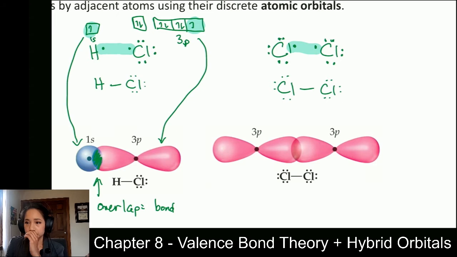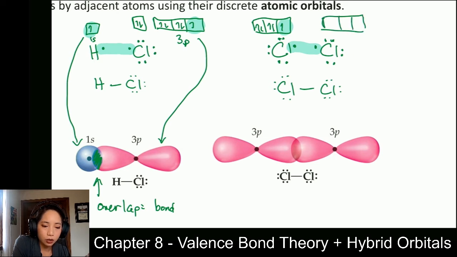All right? And so just like in our previous picture, we know that these two electrons reside in p orbitals. So essentially those two unpaired electrons in the p orbitals of the two adjacent chlorine atoms, these two electrons are drawn here.